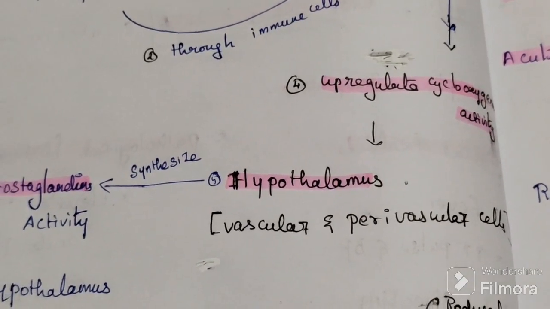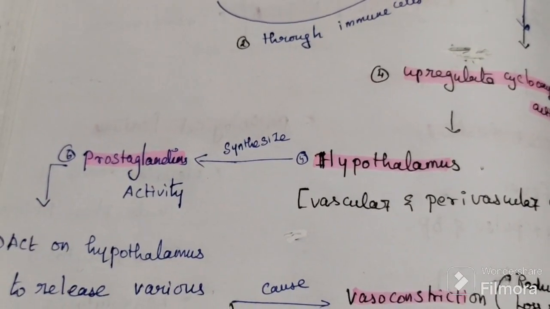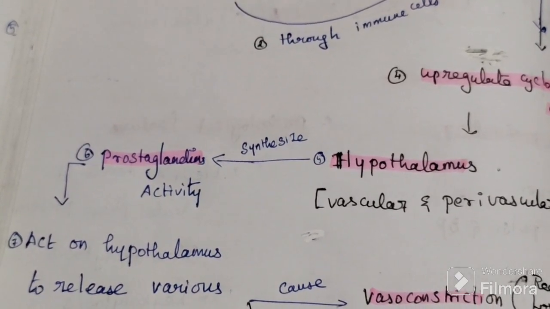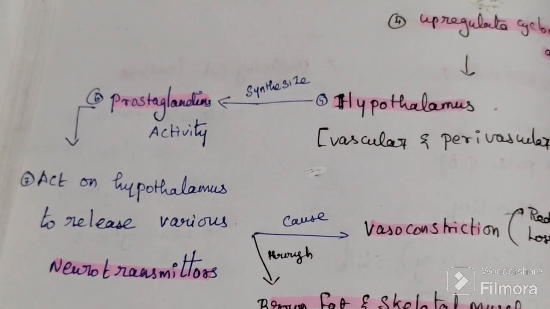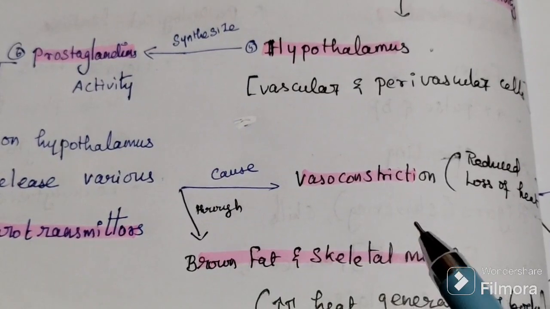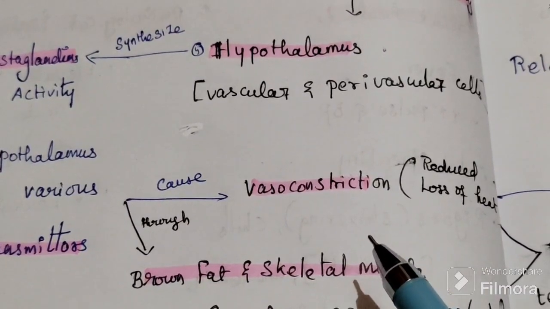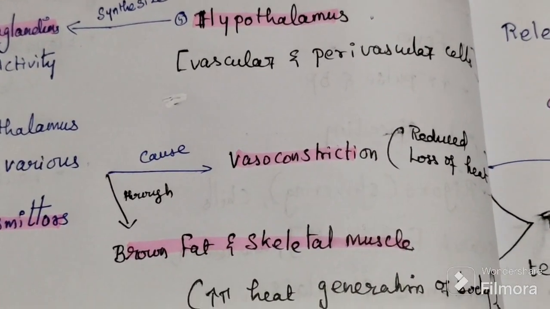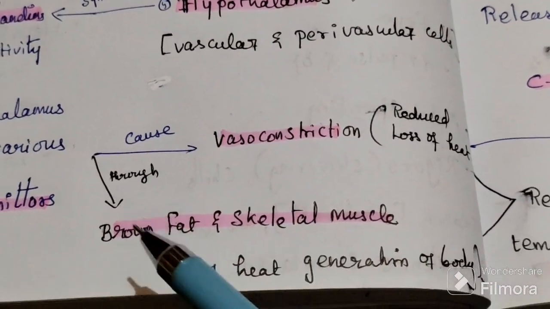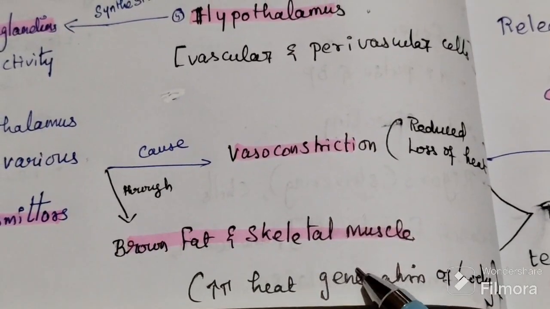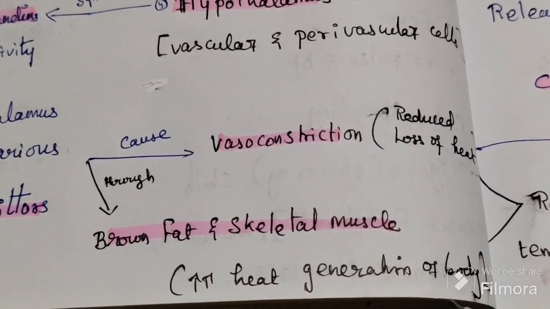Prostaglandin acts on the hypothalamus to release various neurotransmitters. These neurotransmitters cause vasoconstriction, which reduces the loss of heat, and through brown fat and skeletal muscles they also increase heat generation in the body.